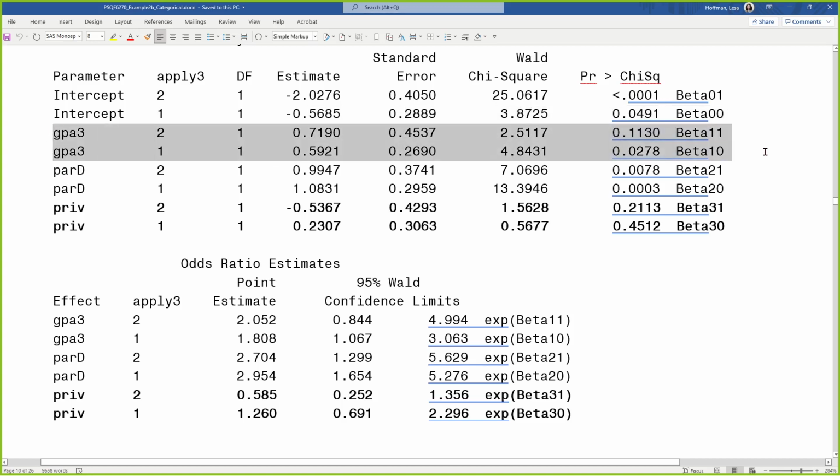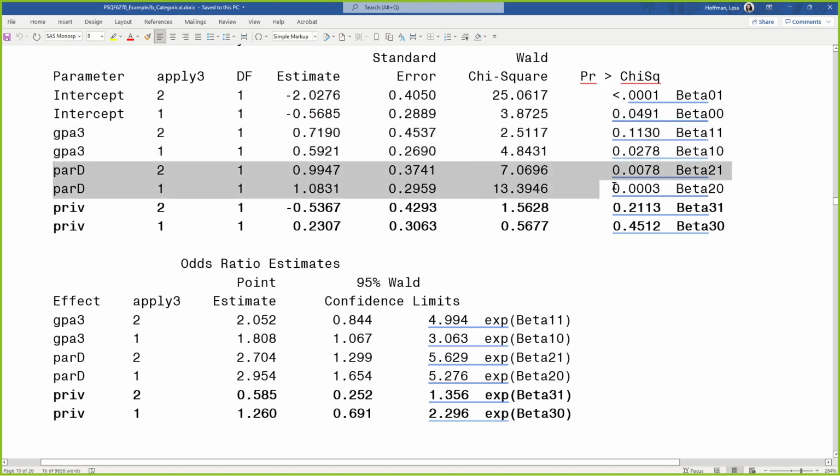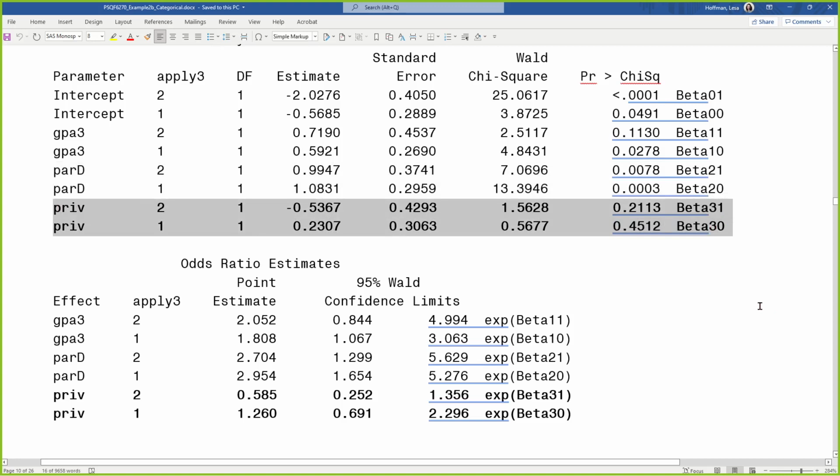So it looks like GPA matters a little bit more just numerically if I'm predicting a 2 instead of a 1 or a 2. These two look like they're pretty much the same, although slightly more if I'm predicting a 1 or a 2 than a 2. And then these two are in opposite directions. Now, neither one of them is significant, but this type of result should give you pause.